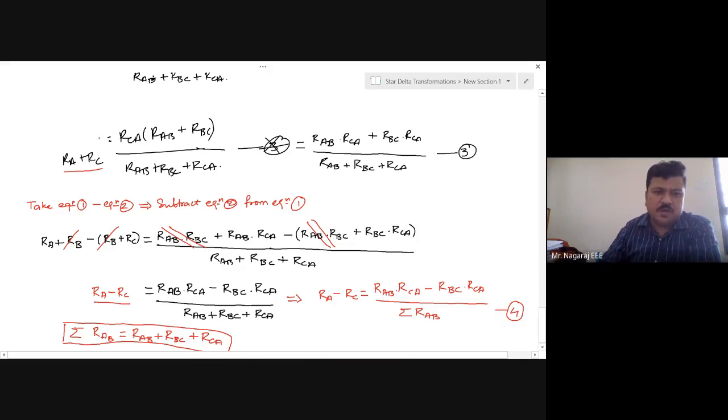So if I add or subtract equation 3 and equation 4, I will eliminate one term in the LHS. I will get only one term. If I add, I will get the RA term in LHS. If I subtract, I will get the RC term in LHS. So which is equal to one equivalent star connected resistance from delta connected resistances.